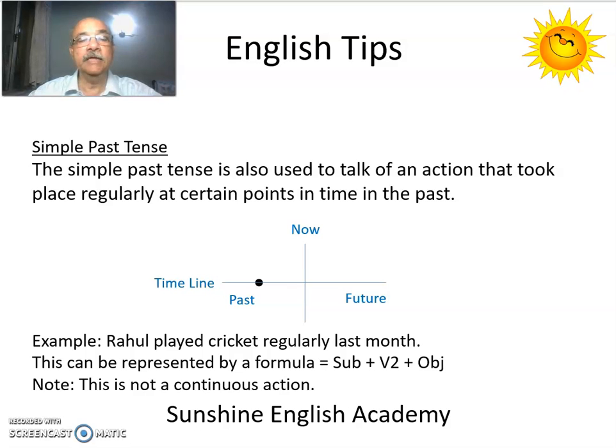So that means Rahul played cricket at different points in time, maybe day after day in the past month. However, please note that this is not a continuous action. It is an action that is taking place regularly at different points in time.